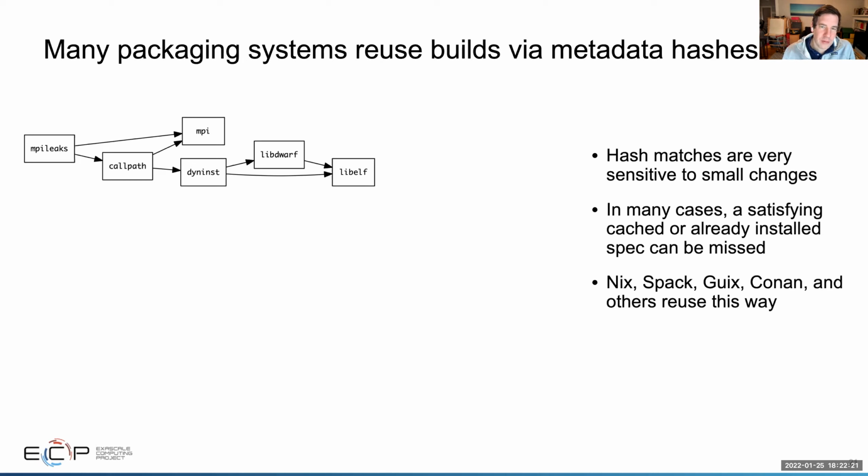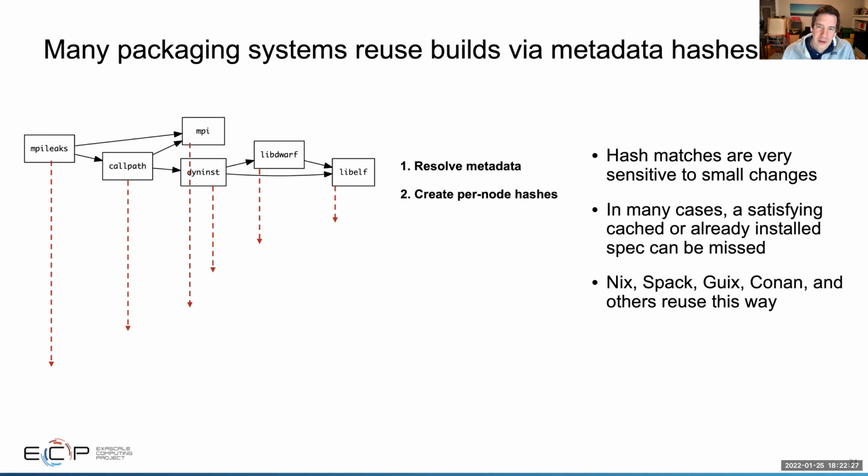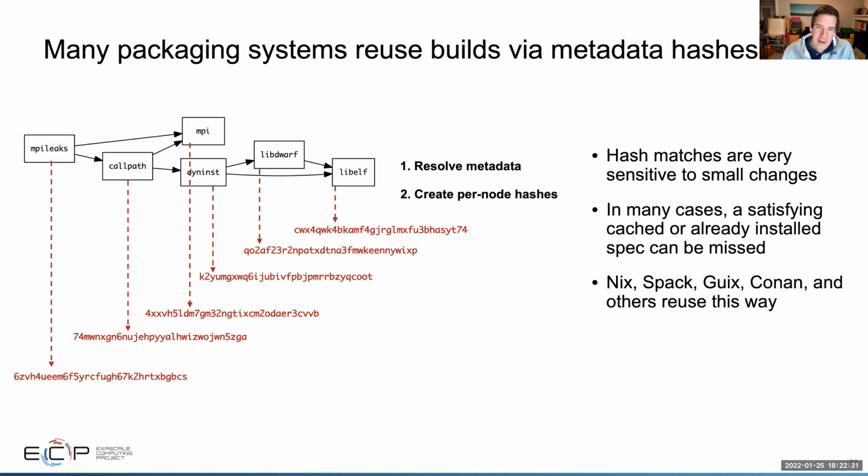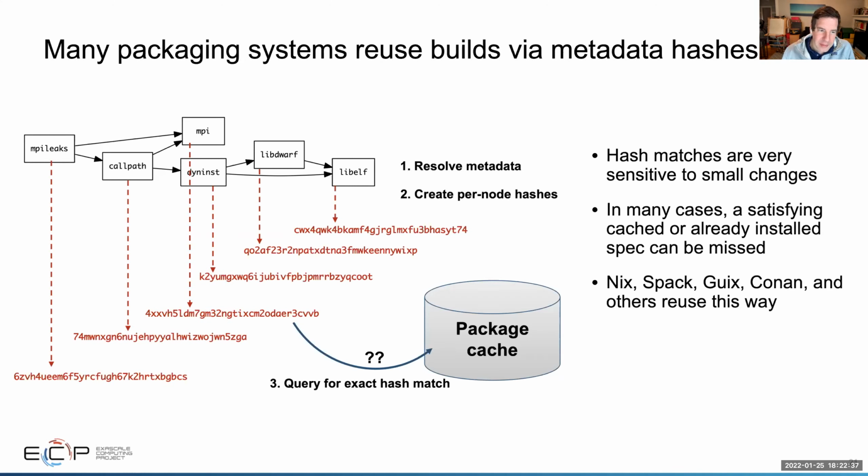And the way that we previously did reuse was we would take a resolved dependency graph like this. You could go and resolve that with the Concretizer. You'd create hashes for every node, and then you would basically say, hey, is this hash installed or not, right? And when you query the database in Spack for whether a hash is installed, you're looking for an exact match.